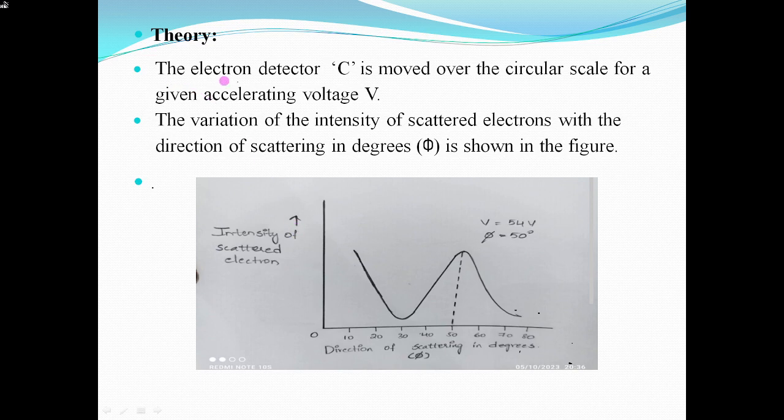The electron detector D is moved over the circular scale for a given accelerating voltage, and the variation of intensity of scattered electrons is measured with respect to the direction of scattering.